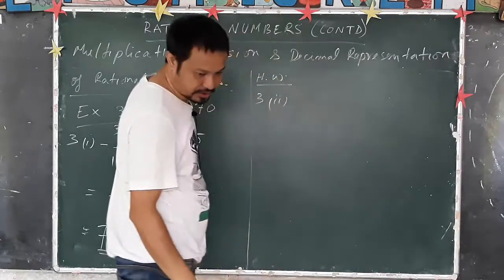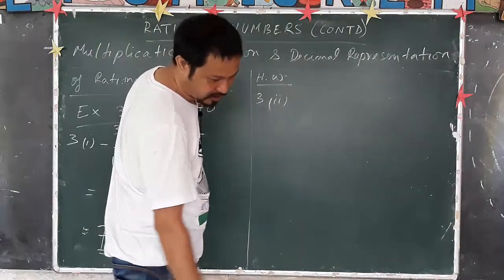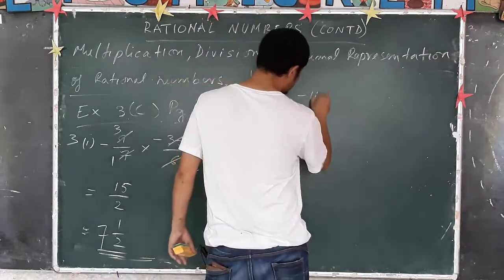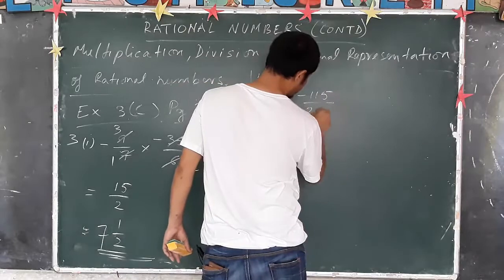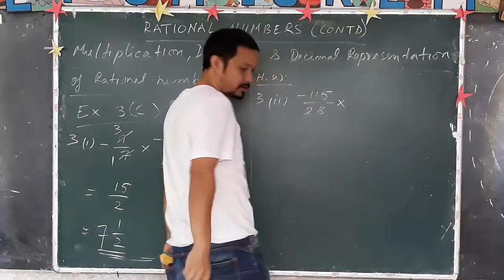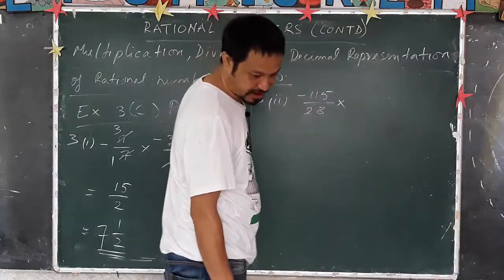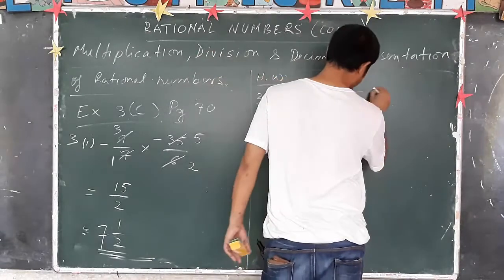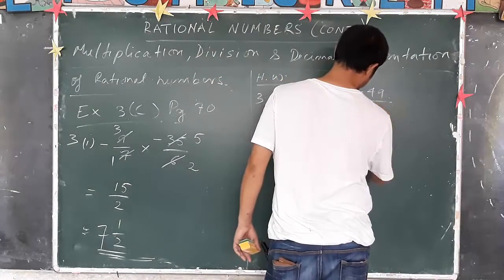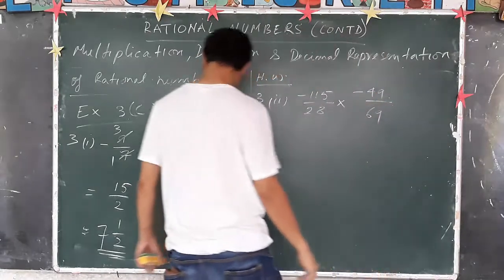So 3 2, your homework will be minus 115 upon 28 into minus 49 upon 69.